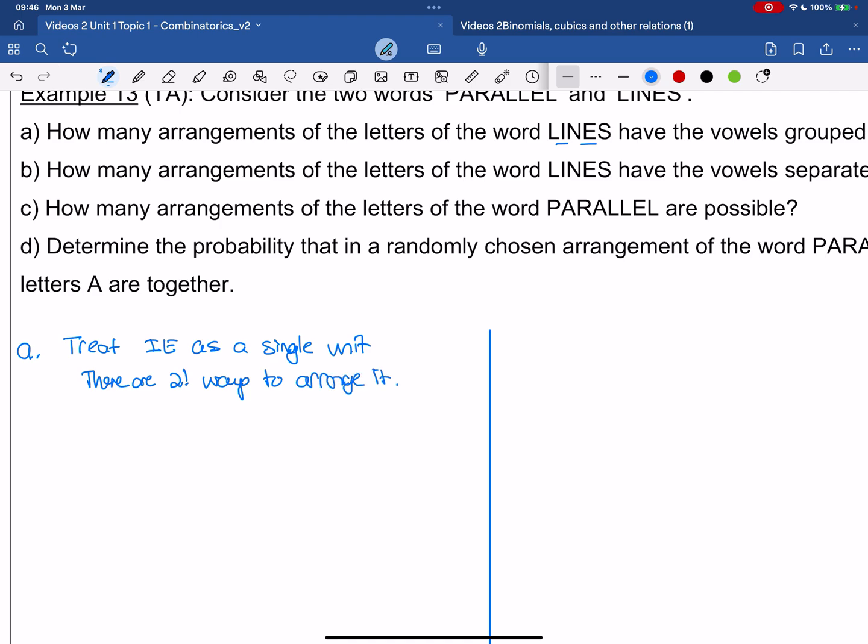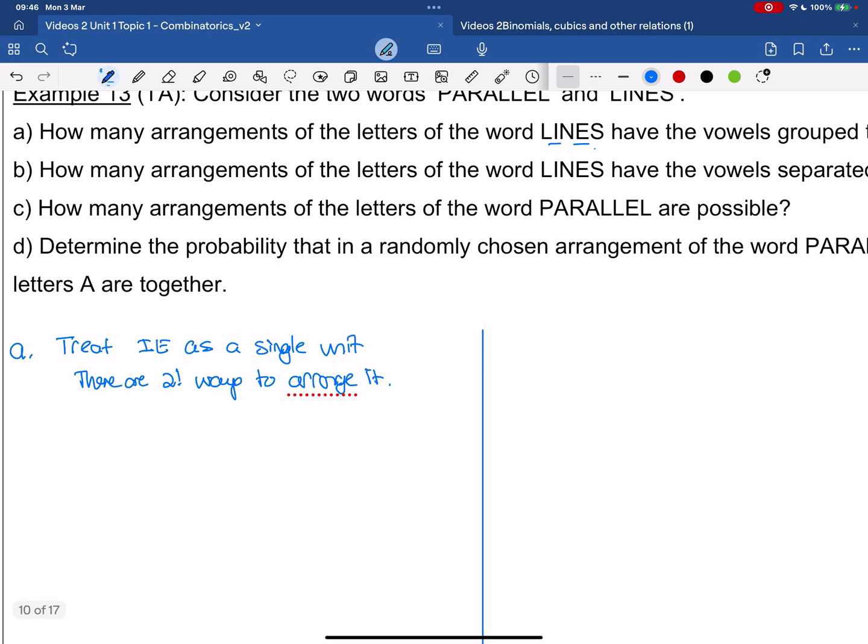Now instead of 5 letters, I've got 4 letters. So therefore my total arrangements is going to be 2 factorial times 4 factorial, and that's going to be 48 ways.